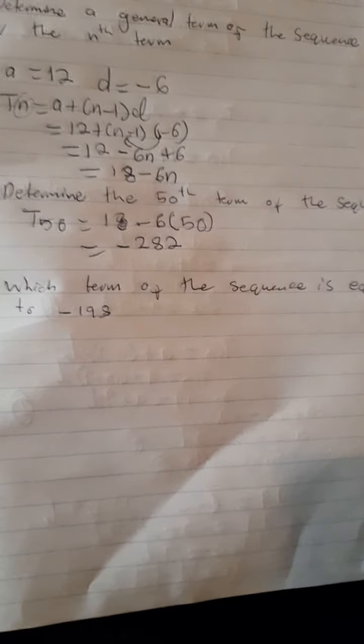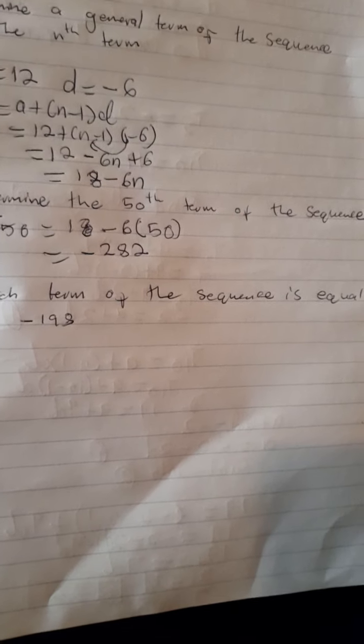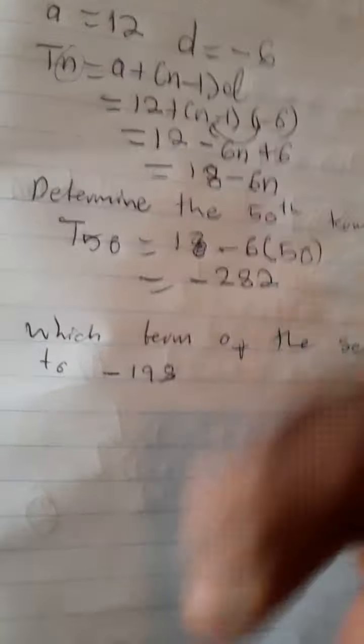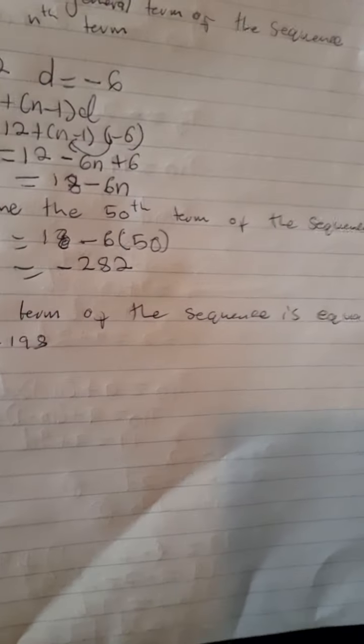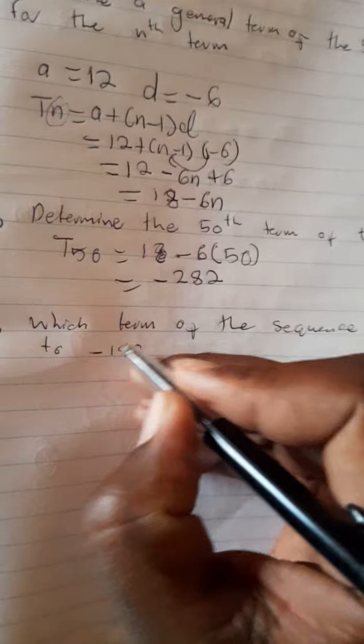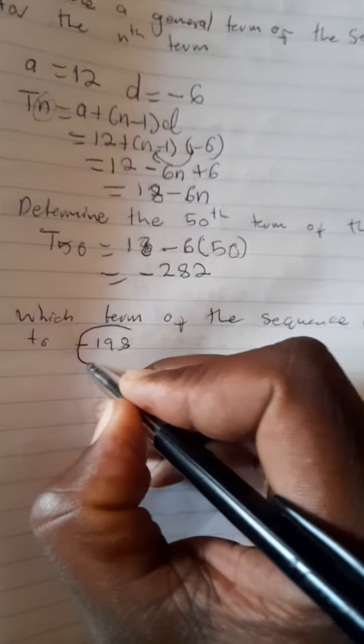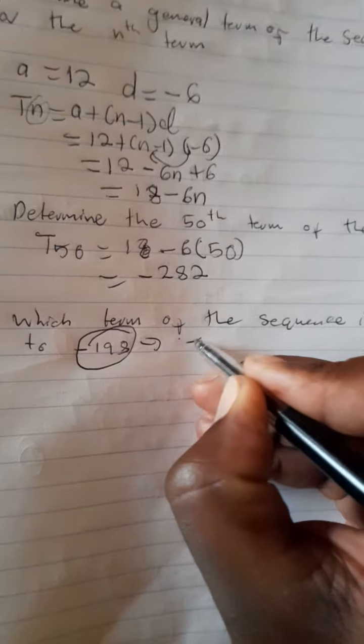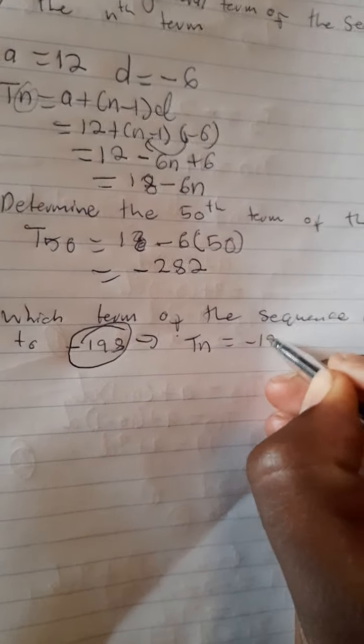So our third question says, which term of the sequence is equal to negative 198? Actually, they gave us Tn. Such questions, you can know this is Tn. This is the last term, actually. So in other words, Tn is going to be negative 198.